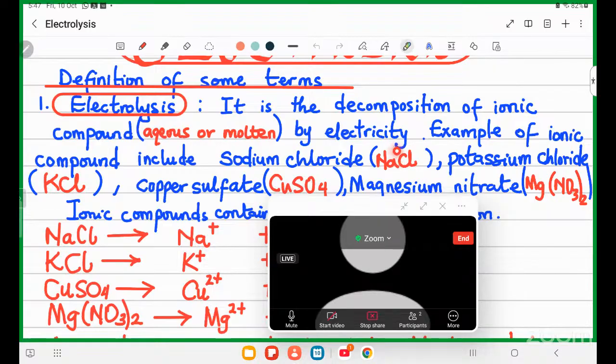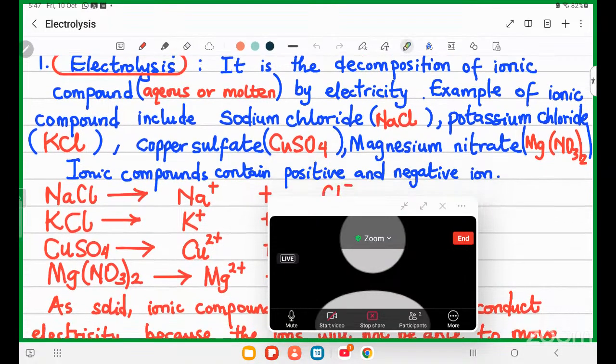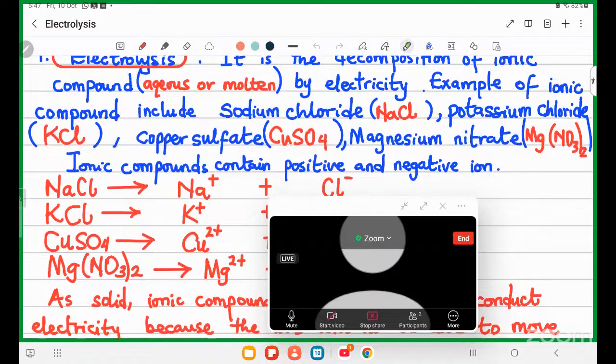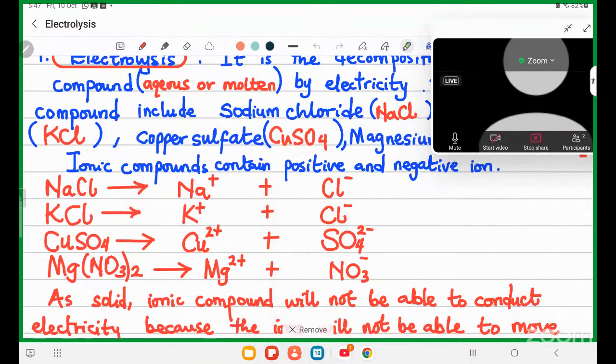So by electricity, example of ionic compounds, we mentioned sodium chloride, potassium chloride, copper sulfate, magnesium nitrate. We gave those examples and we showed how they decompose, how they ionize. When we pass electricity into sodium chloride, it's going to ionize into its component ions, which are sodium ion and chloride ion.